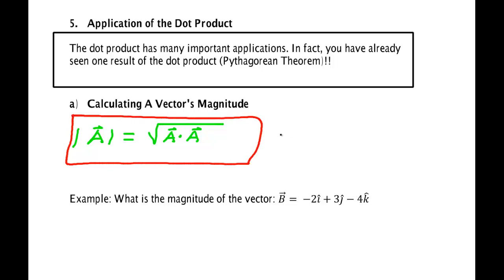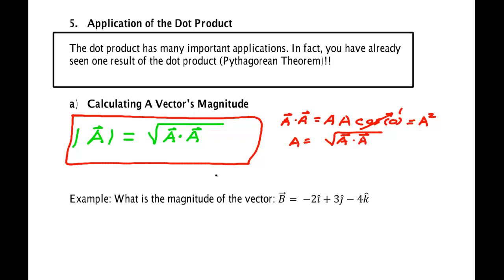Now, why is this? Well, A dot A is the length of the first vector A times the length of the second vector, which is still A, times the cosine of the angle, which is 0, but the cosine of 0 is 1. So that's just the length squared. So A is the square root of the vector dotted with itself.